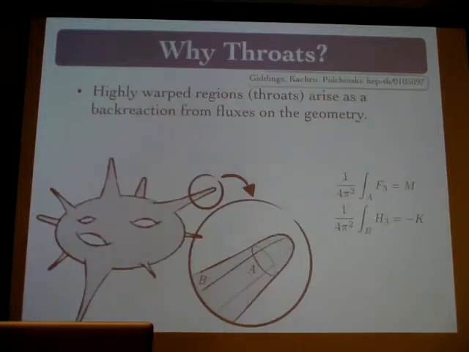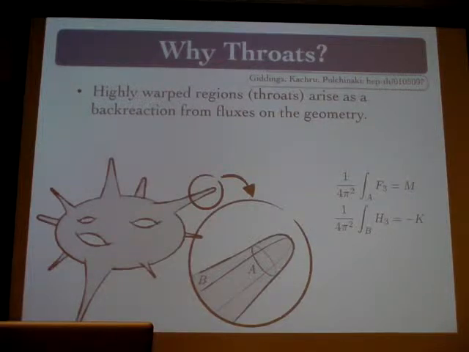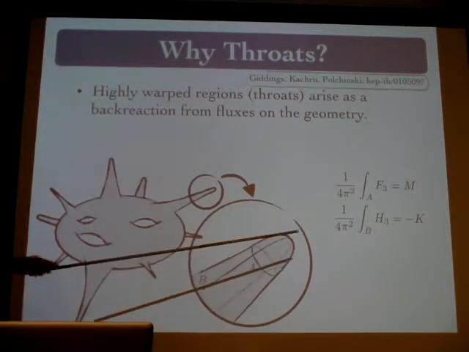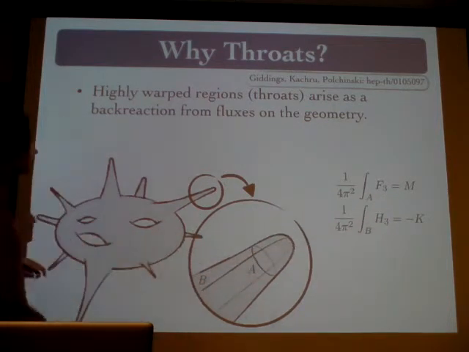Okay, so why do these throats appear at all? So it turns out that string theory contains higher form generalizations of abelian gauge fields and their field strength. So it would be like the F mu nu of electromagnetism, but just with more indices. Here we will only focus on 2 such field strengths, so these 3-form fields.